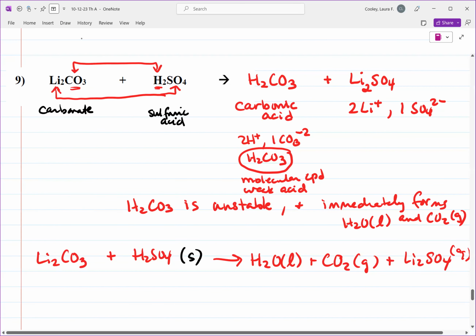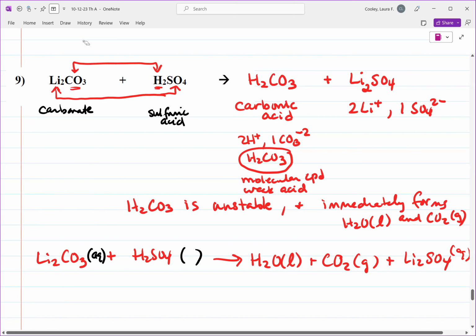Lithium carbonate is a carbonate. Carbonates are generally insoluble, but not when paired with lithium. Lithium is in the first group of the periodic table. If you look on the solubility chart, carbonates are generally insoluble, but when they're paired with lithium, sodium, etc., they're soluble. So this is aqueous.